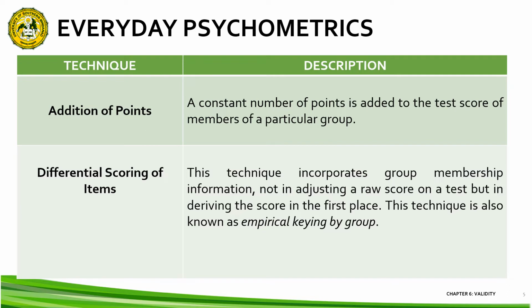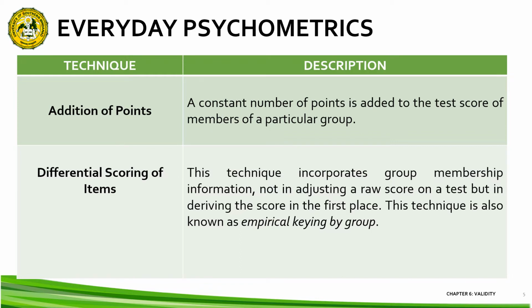The second technique is differential scoring of items, which is also known as empirical keying by group. This technique incorporates group membership information not in adjusting a raw score on a test but in deriving the score in the first place.